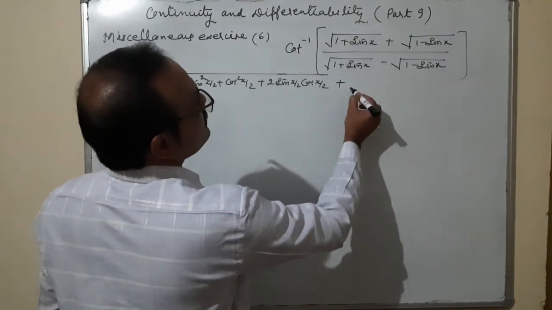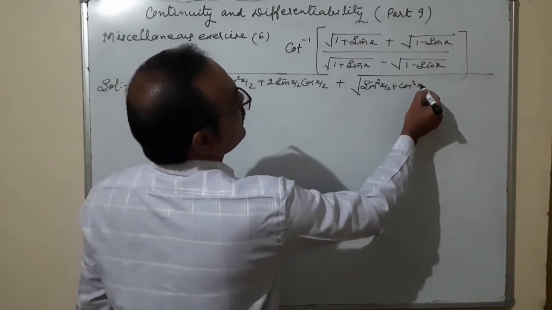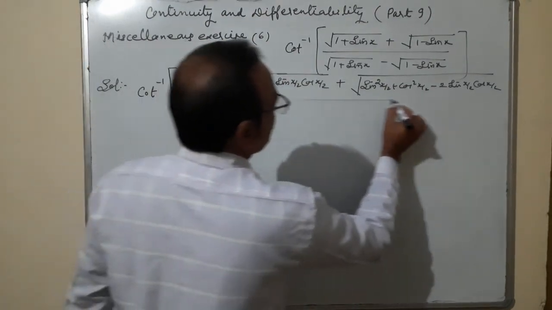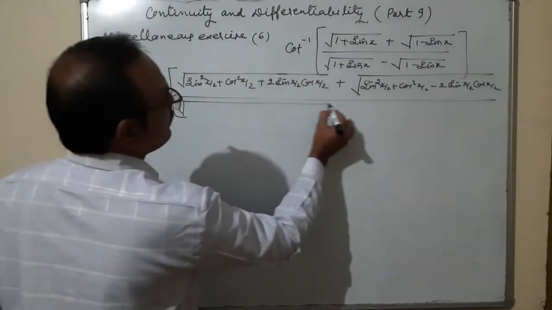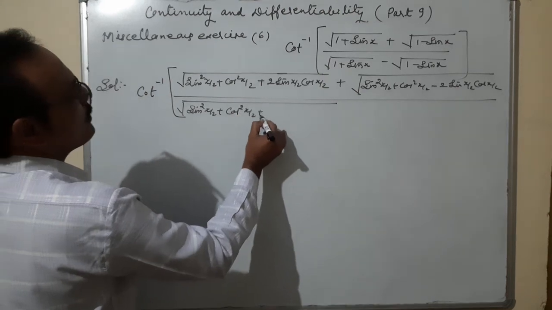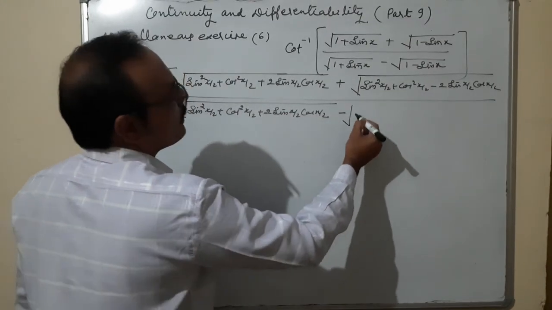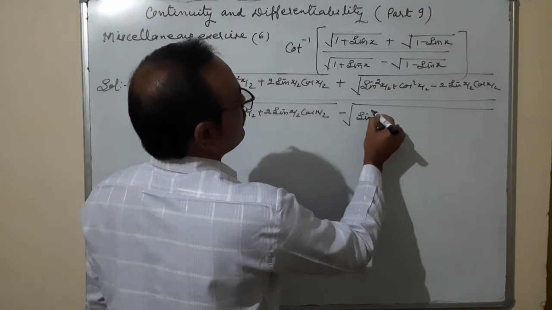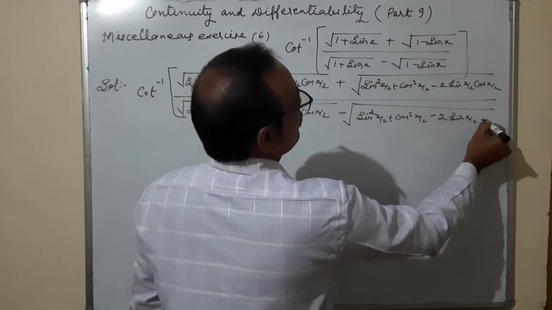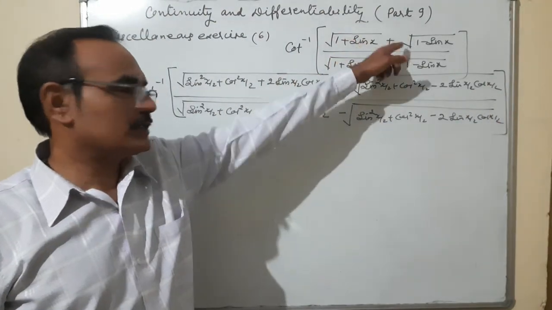Same thing will be done here, plus under root sin square x by 2 plus cos square x by 2 minus 2 sin x by 2 cos x by 2, upon sin square x by 2 plus cos square x by 2 plus 2 sin x by 2 cos x by 2, minus sin square x by 2 plus cos square x by 2 minus 2 sin x by 2 cos x by 2. All these four terms will be changed in this pattern.